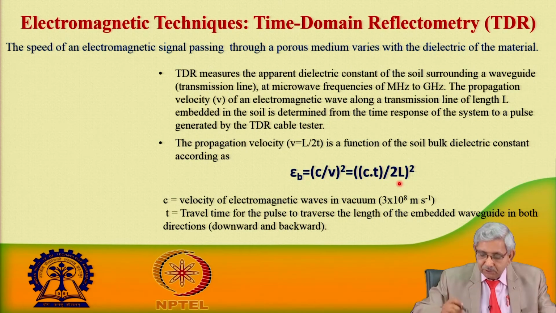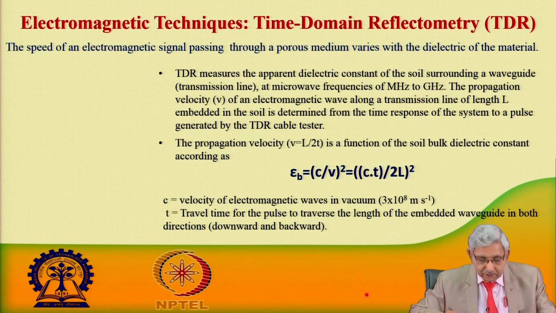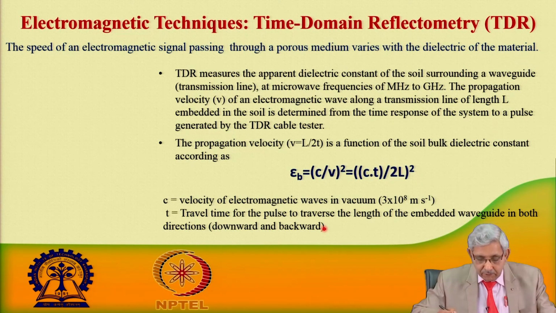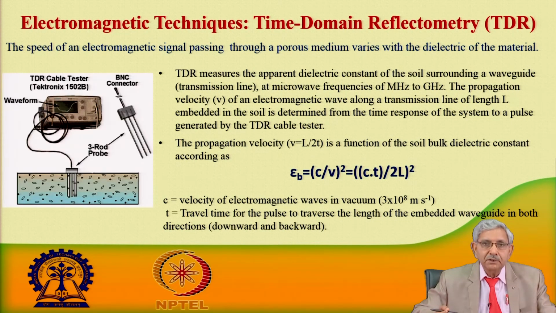So it is divided by 2 multiplied by L, which gives the dielectric constant. Here t is the travel time for the pulse to traverse the length of the embedded waveguide in both directions, downward as well as backward.